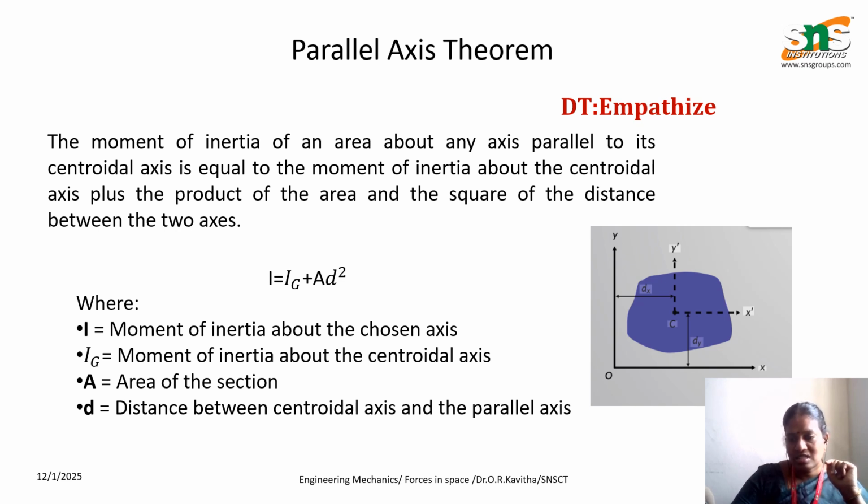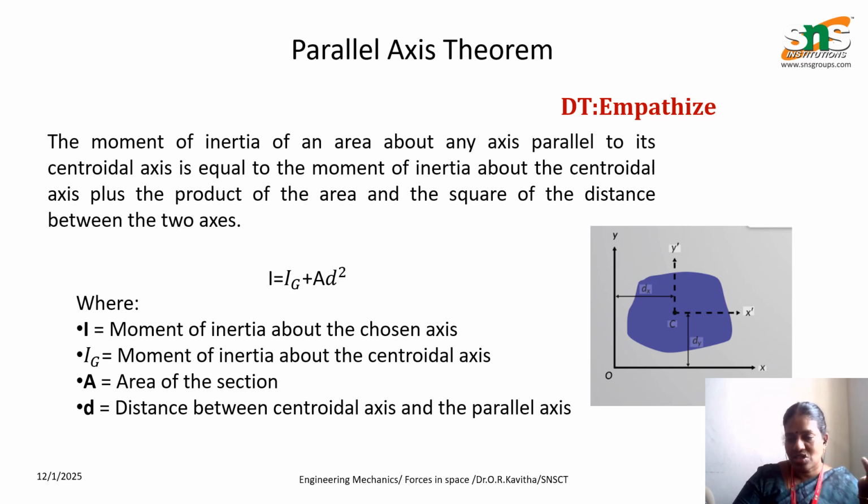So here this is the OX axis and YY axis, and some rigid body is placed here, and the centroid of this body is lying here. If I want to calculate the moment of inertia, we first have to find the moment of inertia of that body, depending upon the shape.